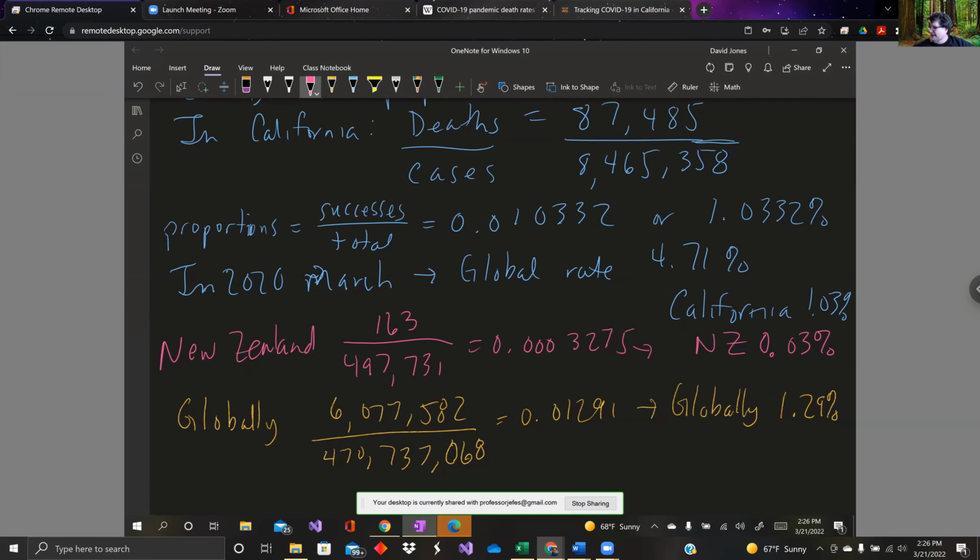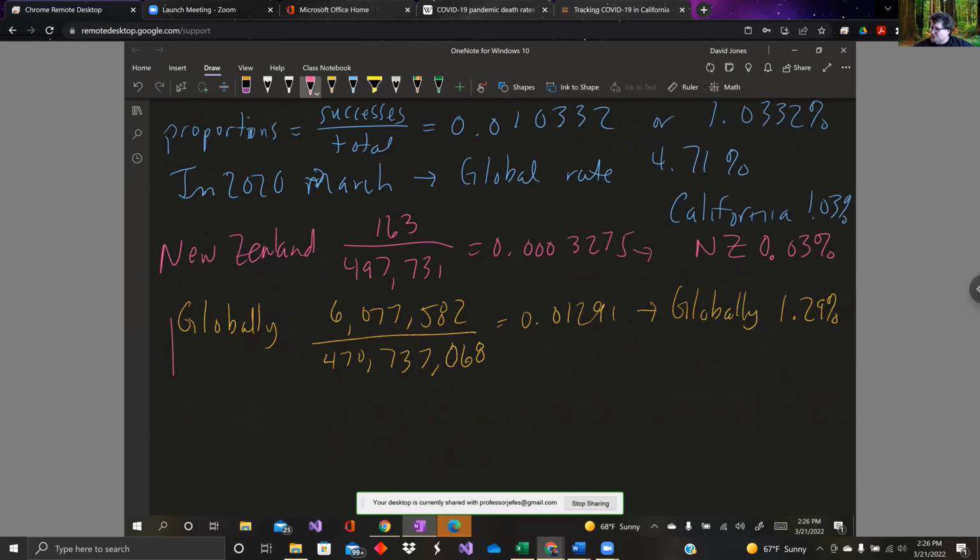So even if we added one to New Zealand, I'm just going to show real quick. I added one death and one case. So we just had one more result. It's 164 over 497,732.